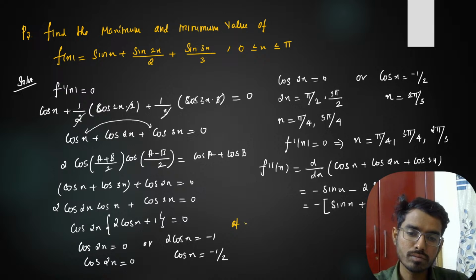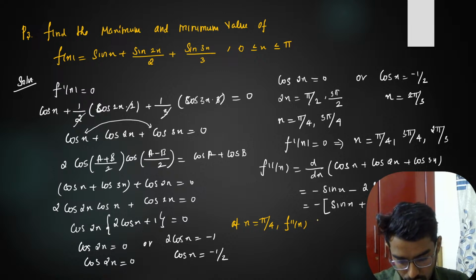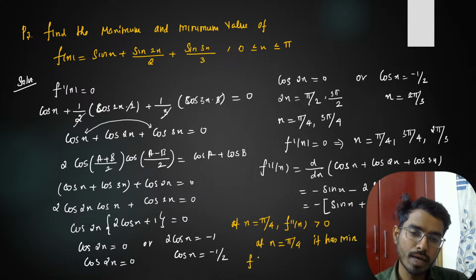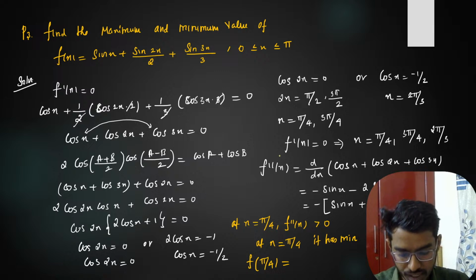At x equal to pi by 4, f double dash of x will be greater than 0. So that means at x equal to pi by 4, it has minimum value. So minimum value is f of pi by 4. What is f of pi by 4? You just substitute pi by 4 in f of x, very simple.